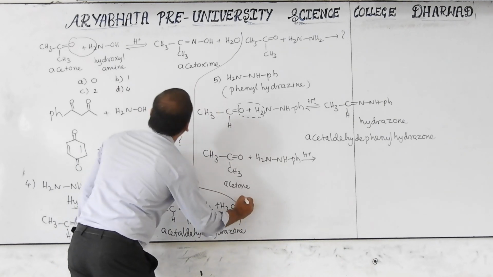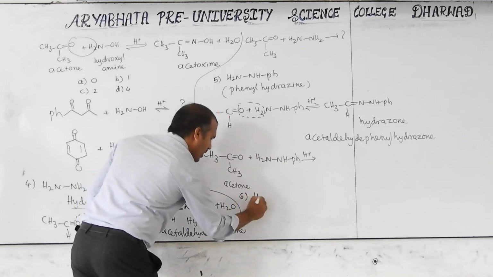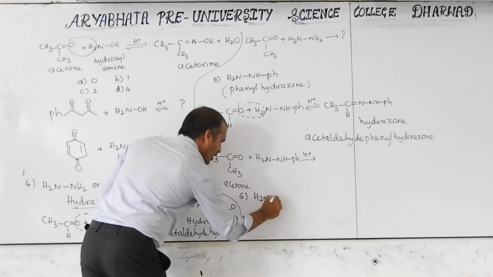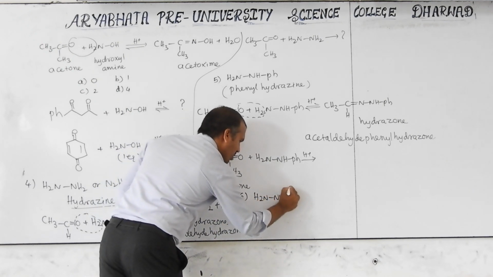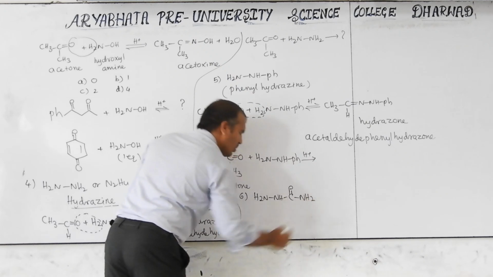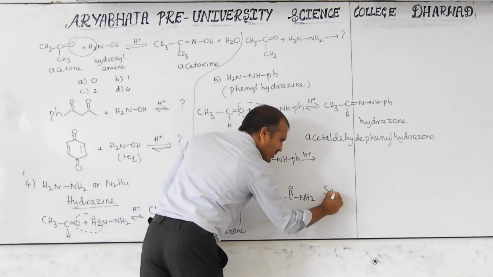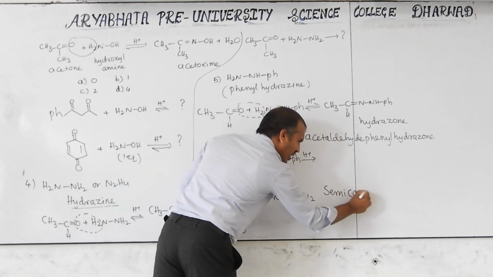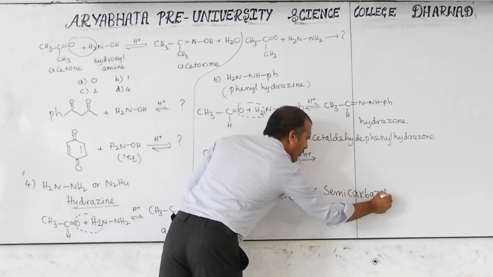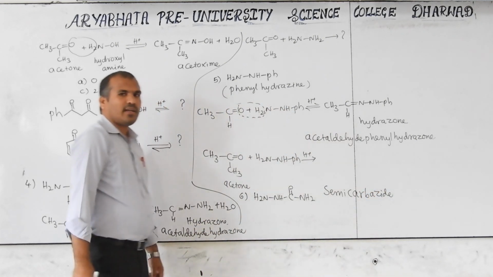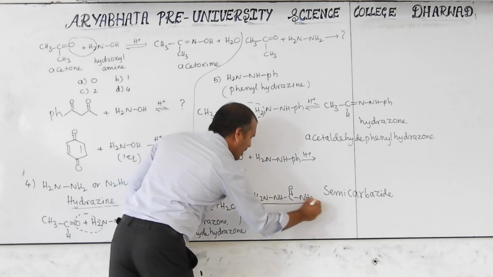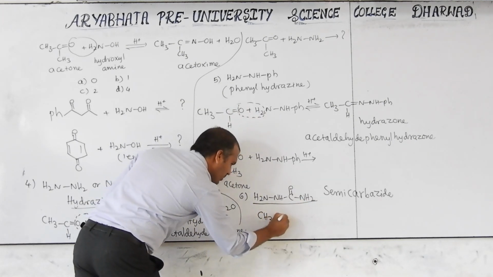This is the fifth, now the sixth: NH2NHC=ONH2. What is the name of this compound? Semicarbazide. Take one example here: acetaldehyde.